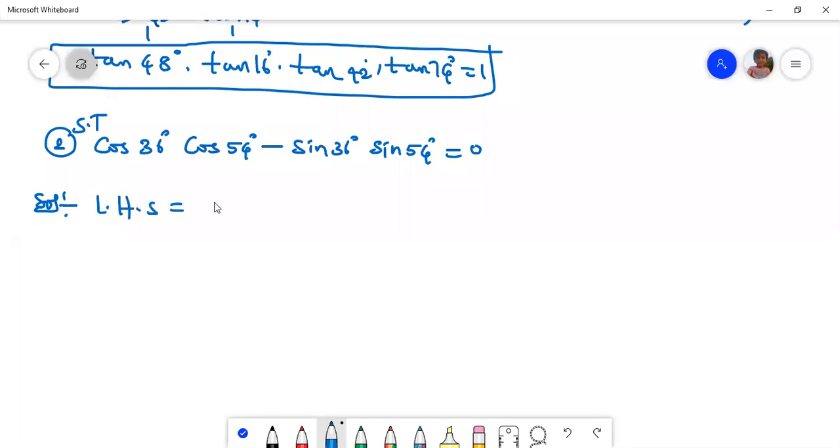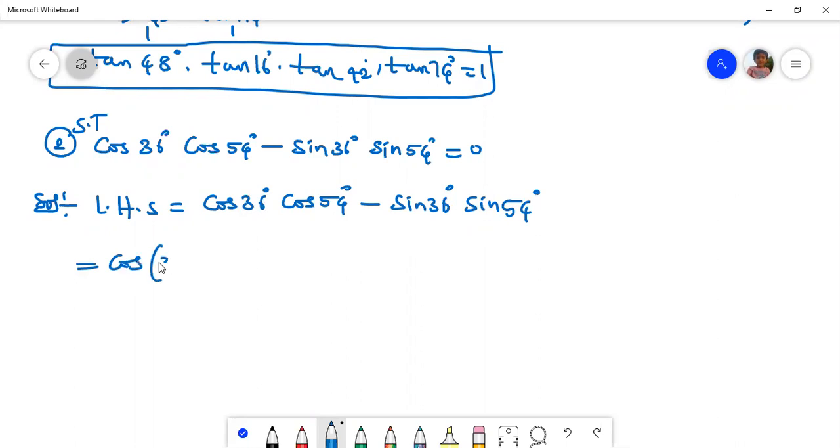LHS is equal to cos 36 degrees cos 54 degrees minus sin 36 degrees sin 54 degrees. In this also we can change only one term. In the two factors, we can write cos 36 degrees as cos of 90 degrees minus 54 degrees, and cos 54 degrees as cos of 90 degrees minus 36 degrees.